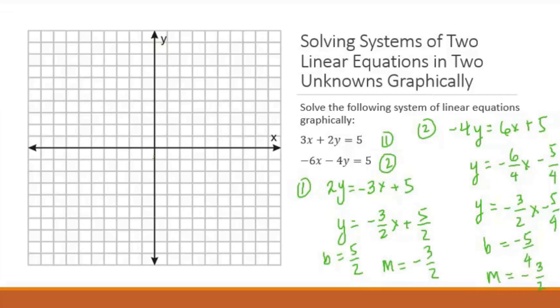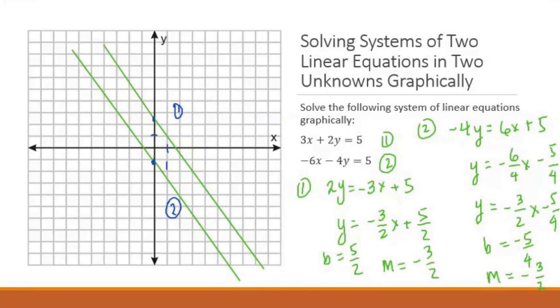Let's see what these two look like graphically. As you've probably already guessed, line number 1 and line number 2 are parallel. They have the same slope, but different y-intercepts. And here I'm using a scale of 1 gray square as a unit of 1. So our y-intercept for the first line was positive 2.5, and for line number 2 was negative 1.25.